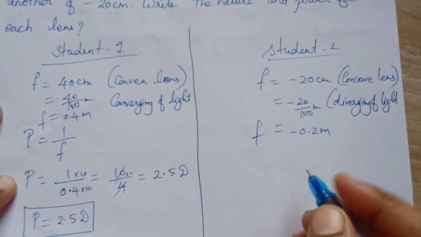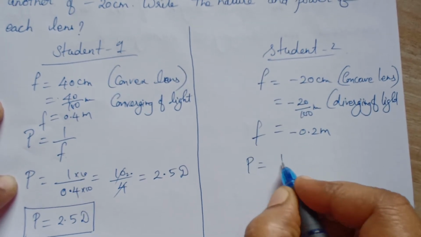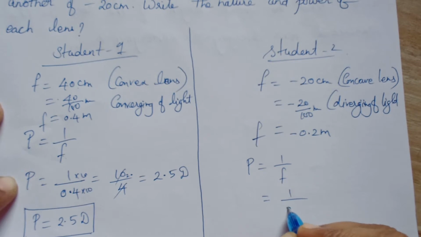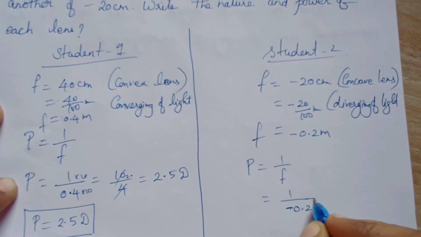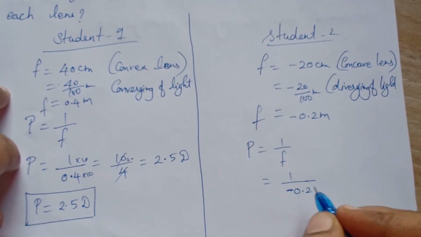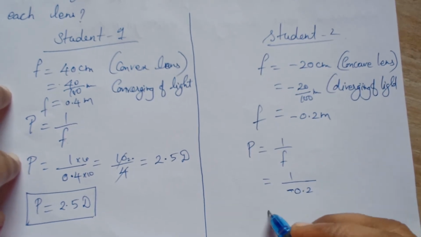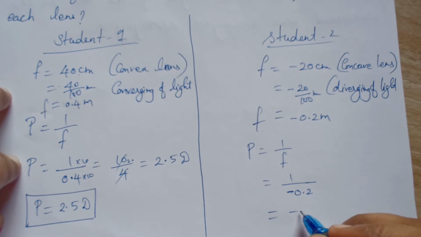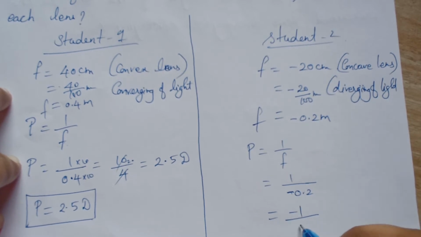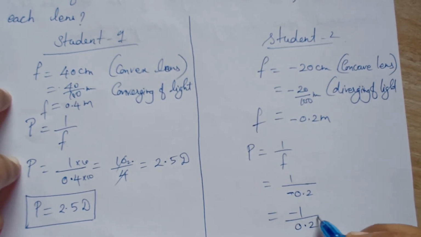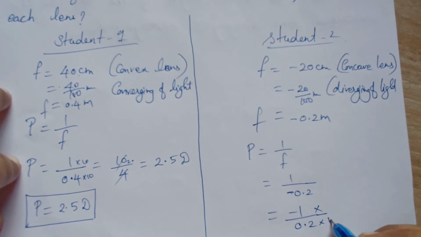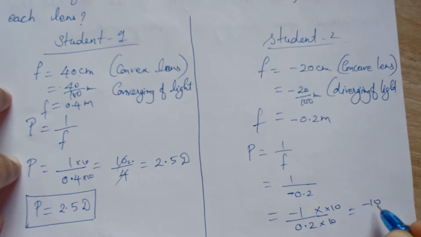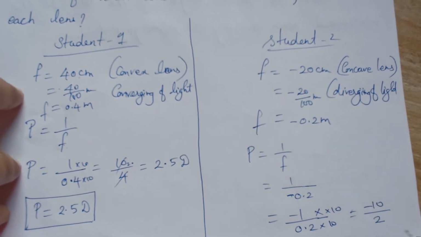Okay, here we will calculate P equals 1 by f, that is equal to 1 by minus 0.2, right? Usually the denominator will not keep the negative sign, so to remove that, multiply both numerator and denominator by minus, so you will get minus 1 by 0.2. Okay, we need to remove the decimal point, so multiplying by 10, it will give minus 10 by 2, right?